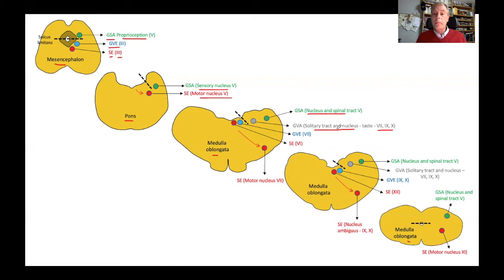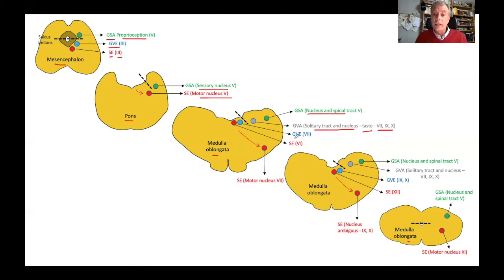This dorsal part of solitary tract and nucleus is involved with taste, so it will be a special visceral afferent component. Okay? Ventral to the sulcus limitans, again, we have the motor components.